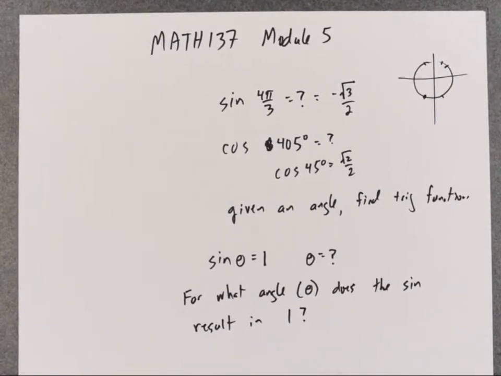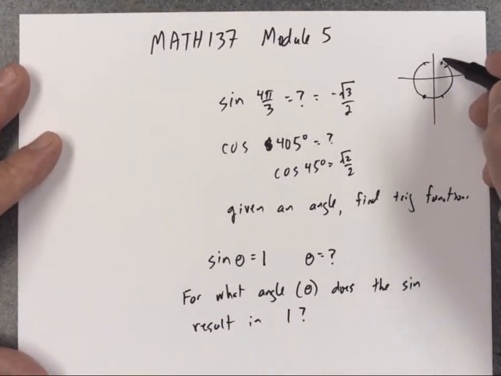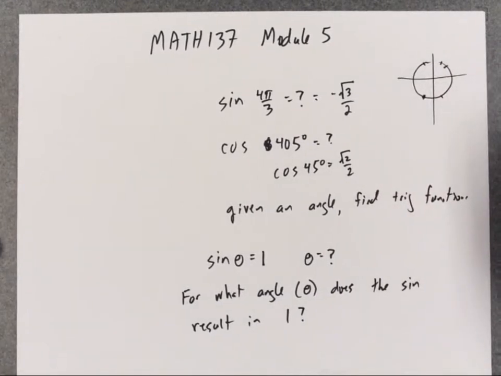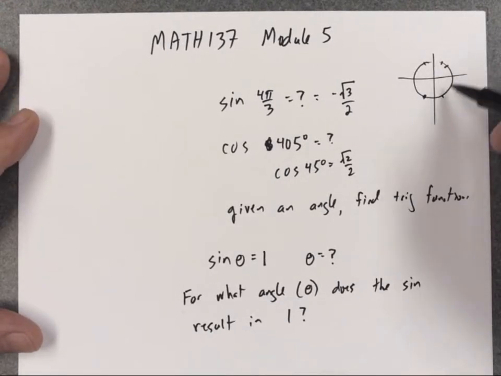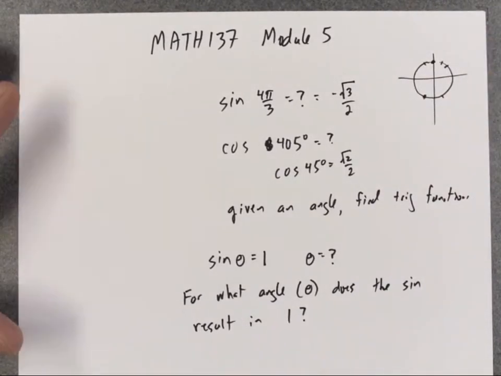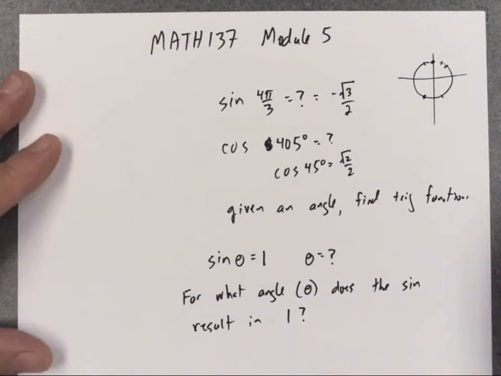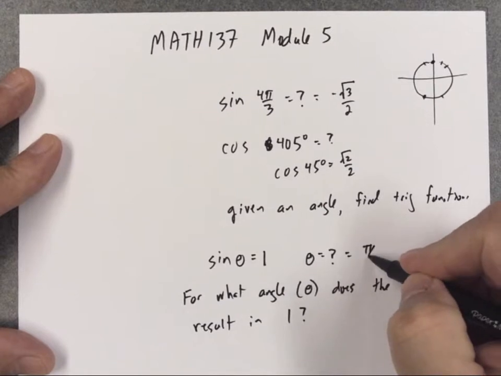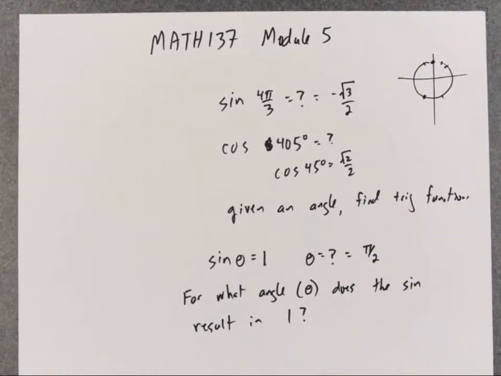Once again, in your head, you should be thinking of the unit circle. Here it is up here. Where in the unit circle is the sine 1? Well, once again, the sine is the value of y. So where in the unit circle is y 1? Right here, right? What's that angle? Well, we have a choice. We can either give the answer in radians or degrees. Let's do it in radians. The answer is pi over 2.